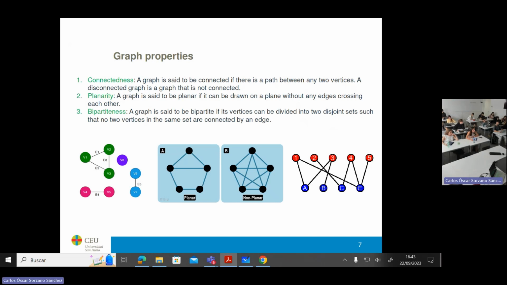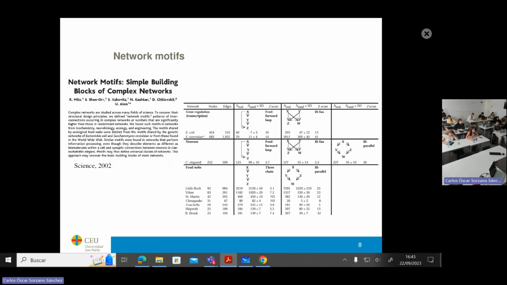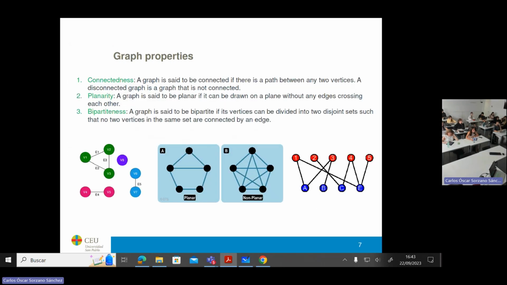For instance, I could move this point here, and then the edges would be crossing, but it is not because the graph is not planar. It is because I drew it in a way that the edges were crossing. But there are graphs that are non-planar by nature. There is no way to draw them such that the edges do not cross.